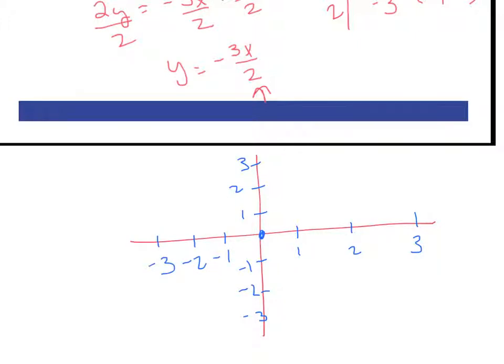So now we're going to finish plotting. So we have positive 2, negative 3. And then the next one is going to be negative 2, positive 3. Then we just connect the dots.